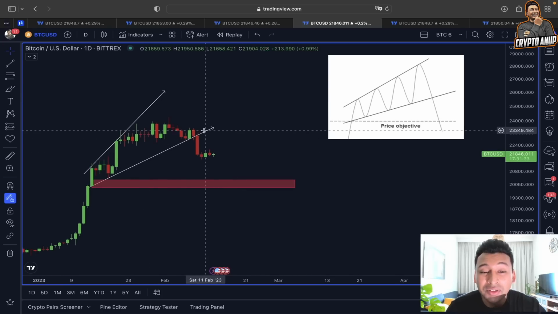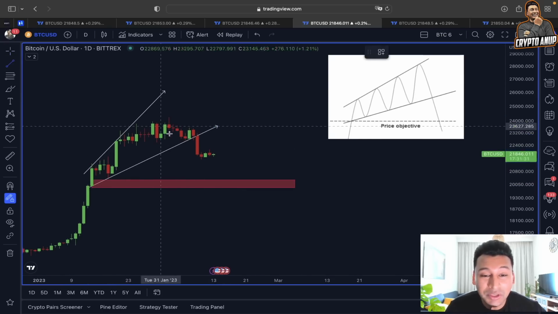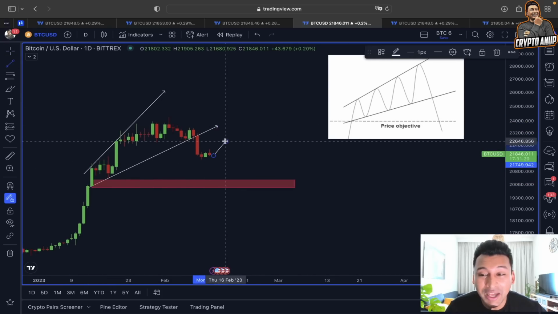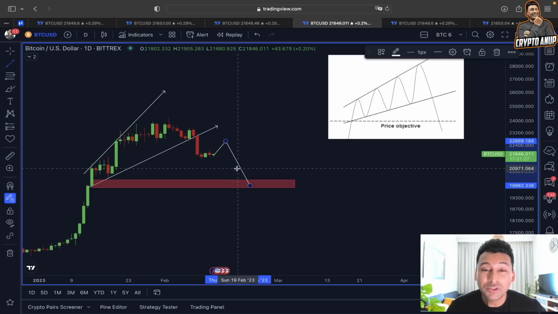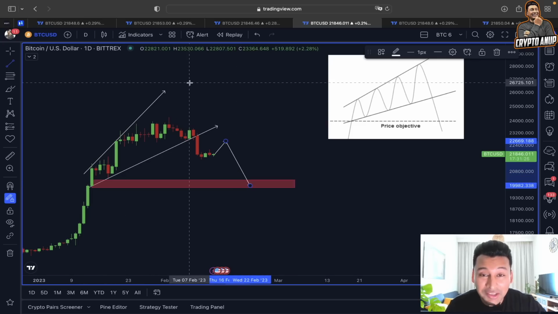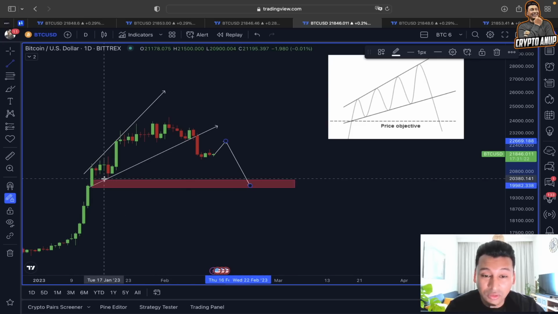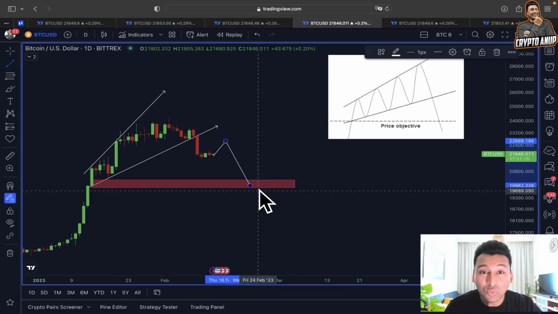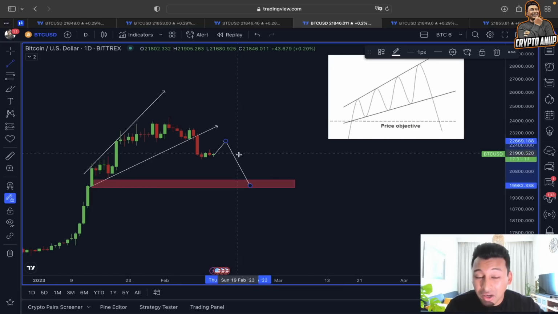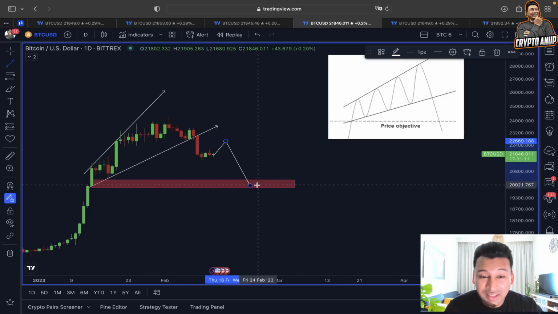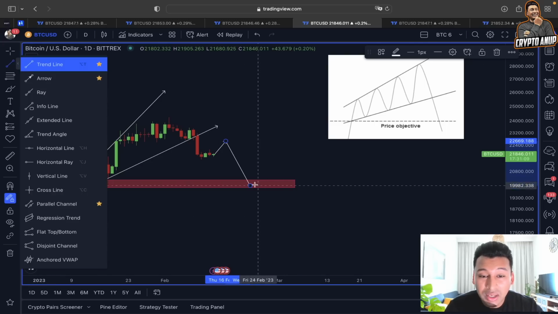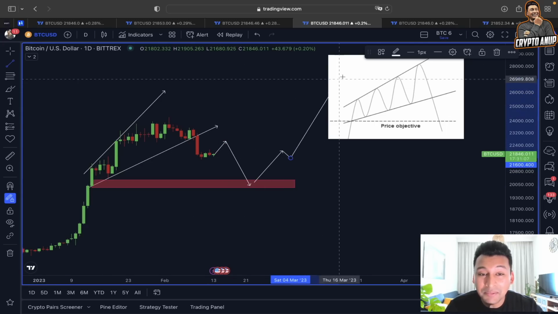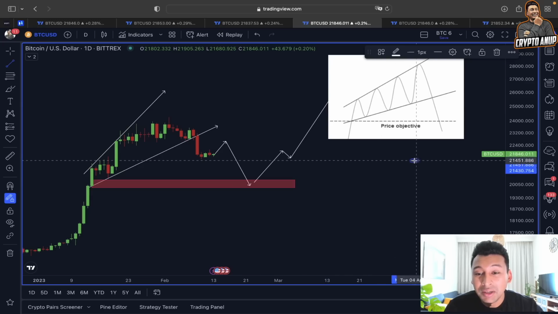But according to this ascending broadening wedge, if the price of Bitcoin is going to show a movement here in this manner first before showing another movement to the downside, you can see the price objective is also around 20,000 range. So 20,000, we can see there is a lot of confluence around that area. So this is where we could be seeing a reversal, price retesting this key line before showing an impulsive movement here in this manner before turning bearish, right?